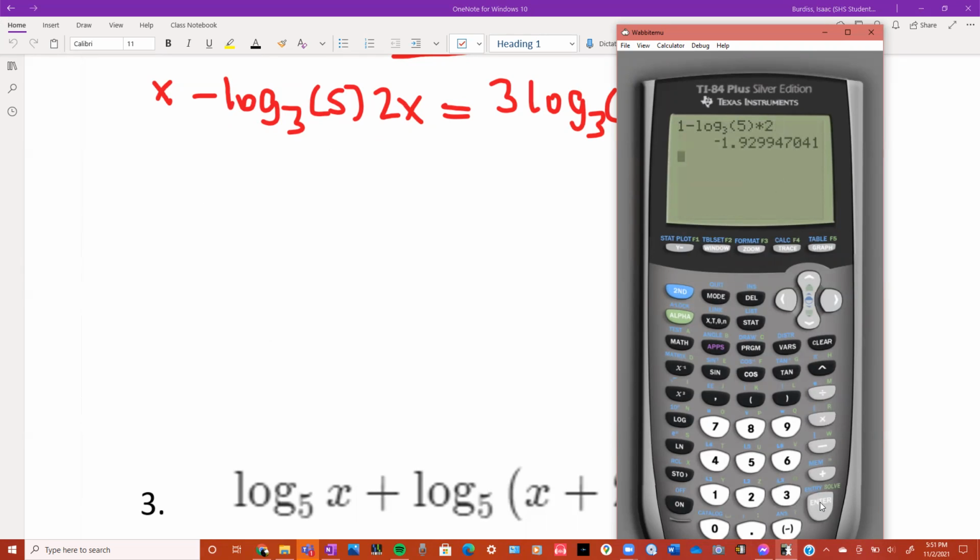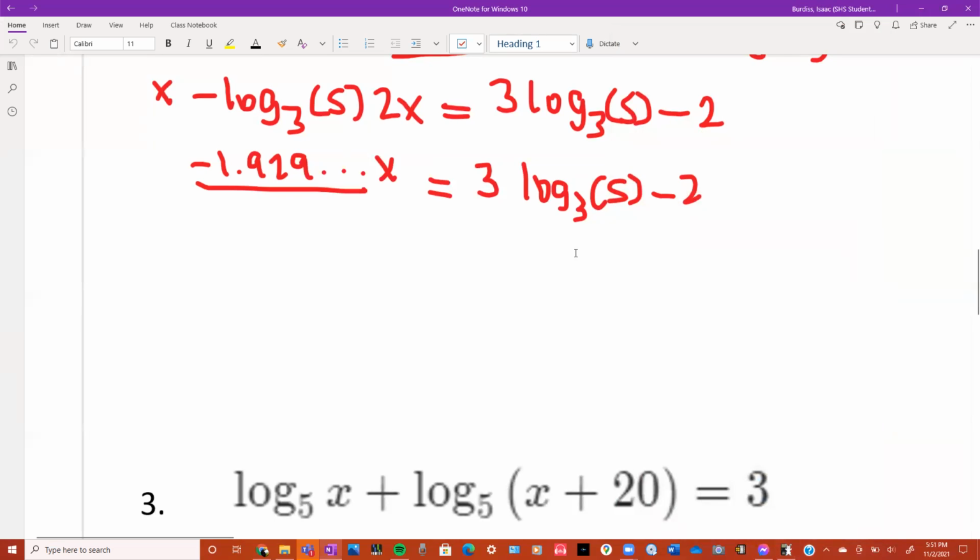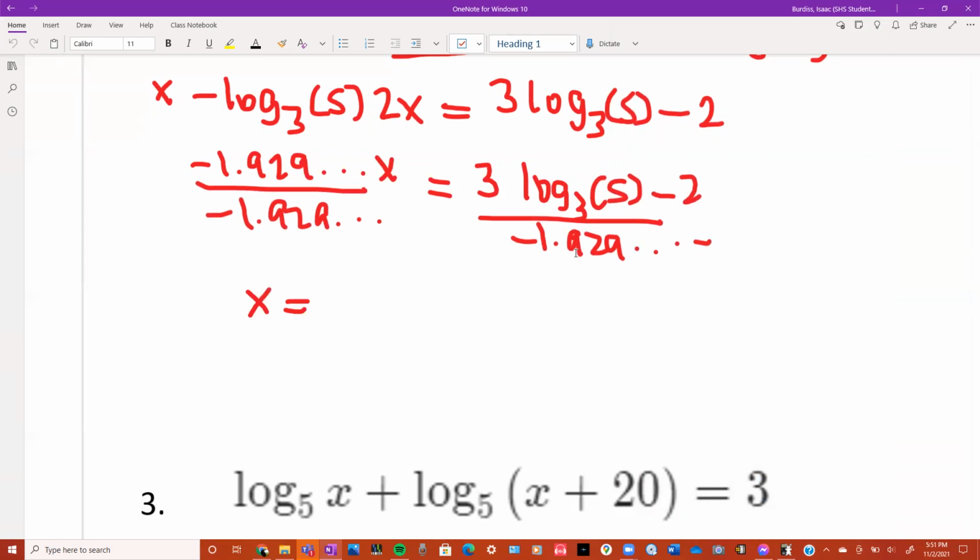So now we got negative 9.29, but we're not rounding yet, so we need to just leave it with dots x. So this is our coefficient of x now. But we still have this on the side that we don't need to solve out yet. And calculator is blocking it. Then we divide by this number that we just got in the calculator to get what x is.